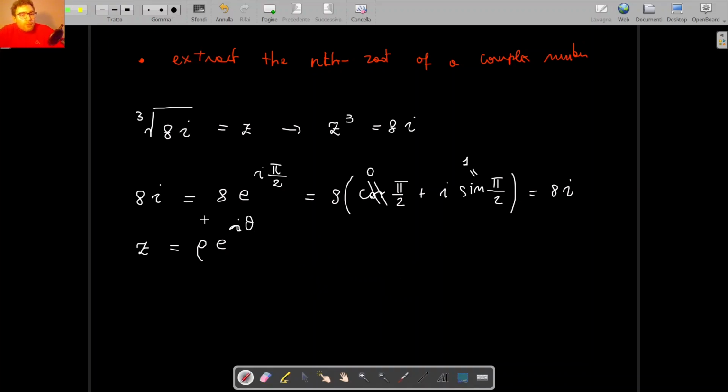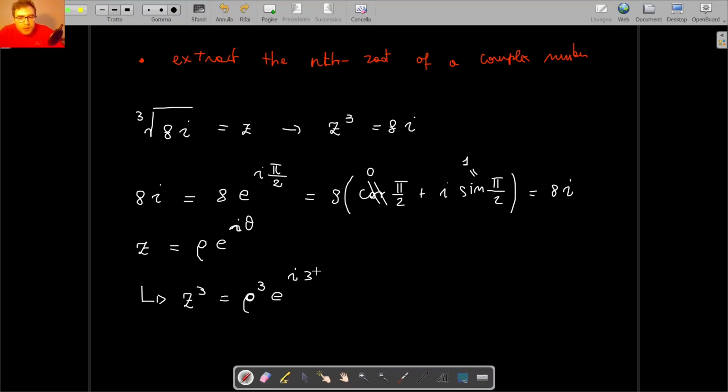But now we have to remember that we are actually considering z raised to the third power, and these kinds of operations are performed really easily on complex numbers in the exponential form, and this is basically the reason why we use this form in this kind of problem. So we have z raised to the third power is equal to rho to the third power e raised to i 3 theta.